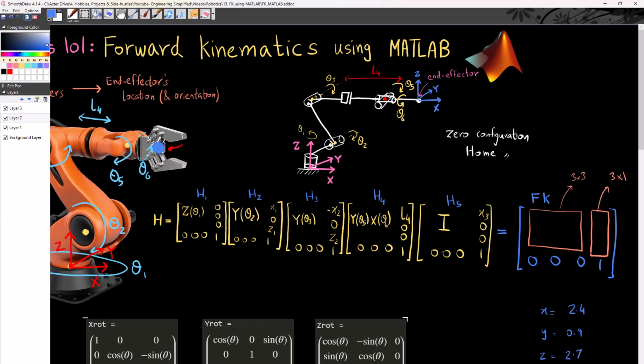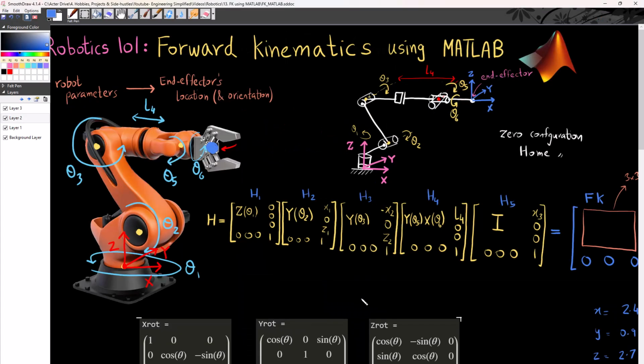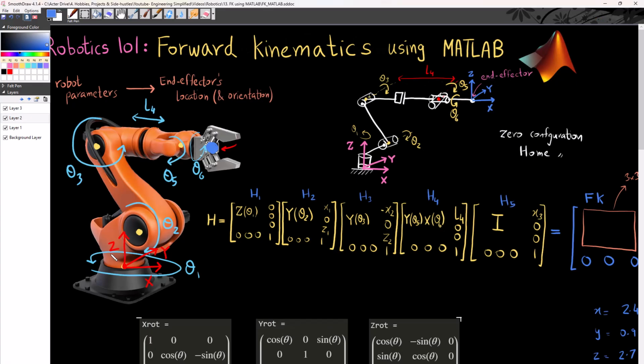Now I want you to visualize the robot and see if your answer is correct or not. Remember that initially our robot was at this home configuration, and what we did was we first displaced it by theta 1 of 20 degrees, so it would move in this direction about the base, into the plane a little bit by 20 degrees.